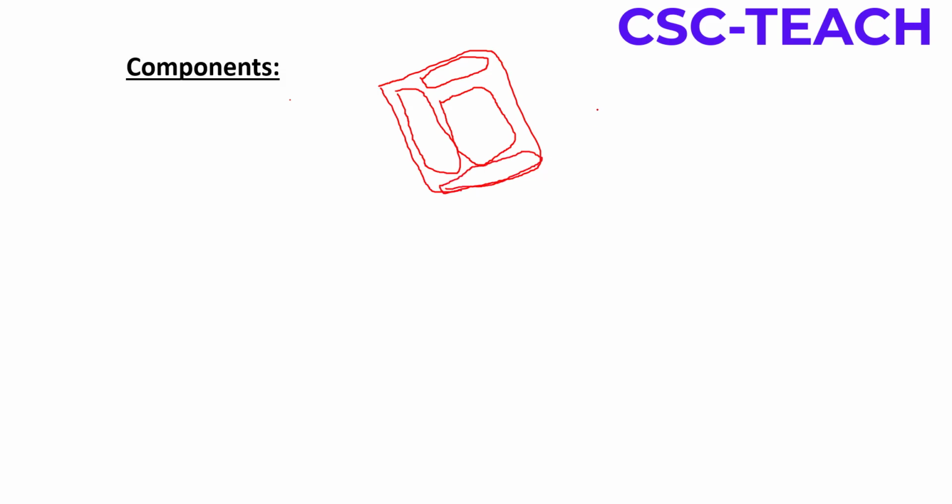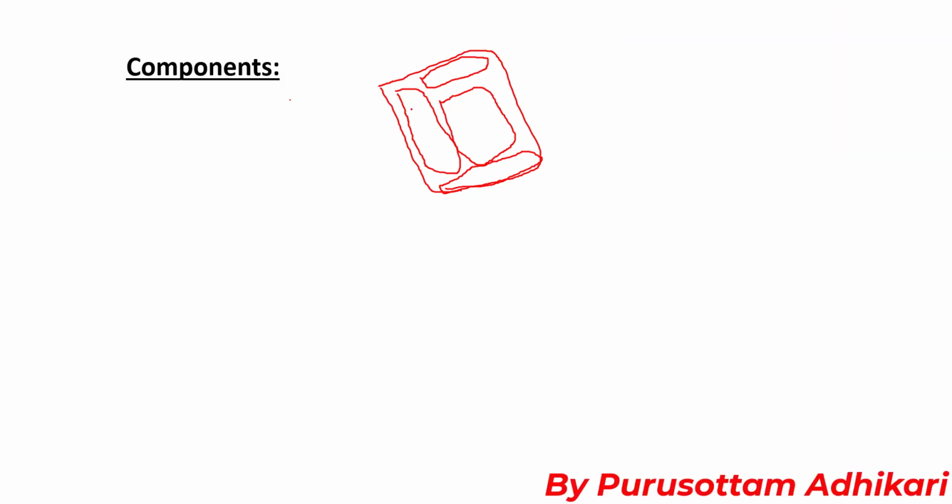If this is your web page, here this is a header section, this is a sidebar, this is a body and this is a footer. These header, footer, sidebar are the components. These are the building blocks of the whole web page of a React app, so people can see the visual and interaction in your web page.